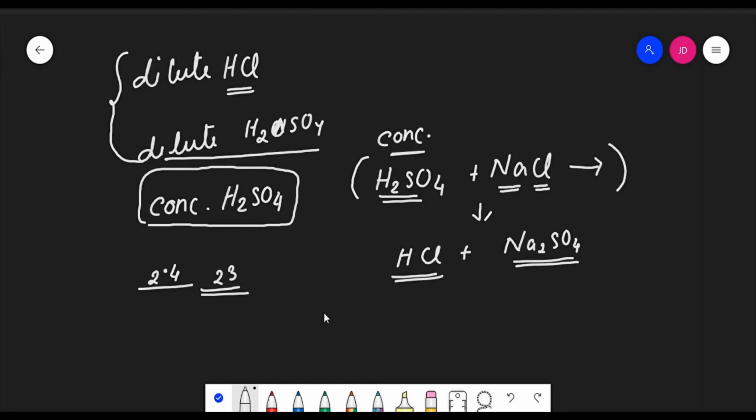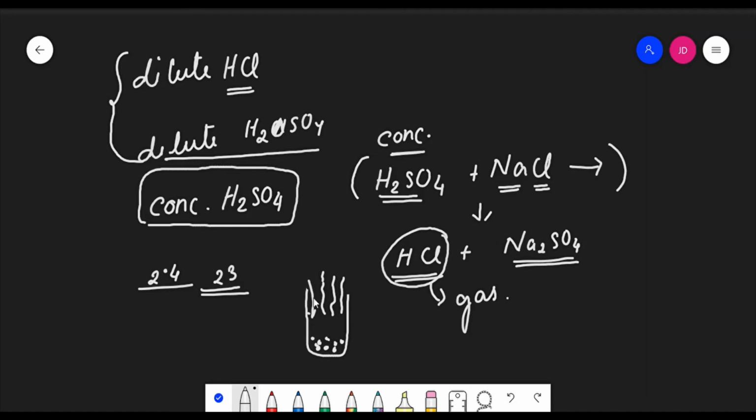Here, you take a test tube, you put some NaCl granules or some salt below, and you put very strong or concentrated H2SO4 from on top. You will notice gas coming up or fumes, smoke type. That fume will be that HCl gas. This time it is in the form of gas.